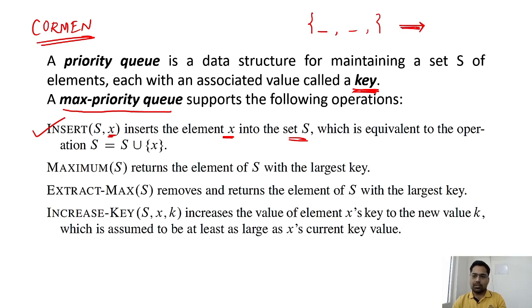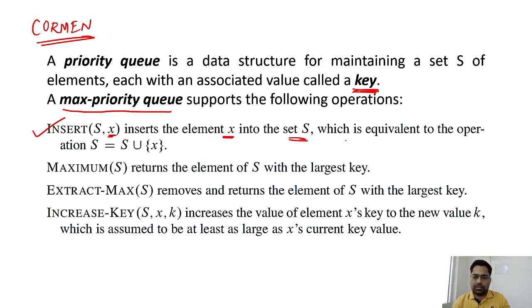In computer science terms, we say it is an array, a collection of similar data types. That is why we use the mathematical term set here.